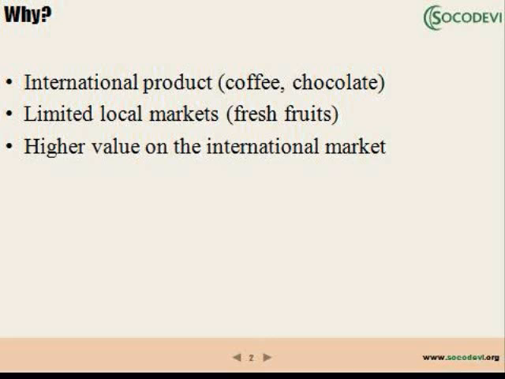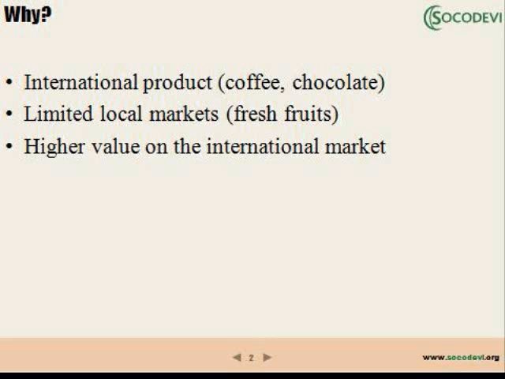This is particularly true for cocoa. In many countries where it's possible to produce cocoa, people use it to produce chocolate, but most of this production cannot be consumed locally. And the same thing is true for coffee. Most of the people producing coffee cannot drink all this coffee, although it can be sold in the international market.